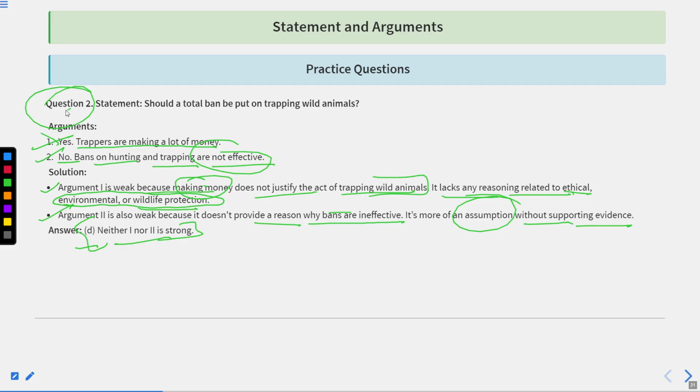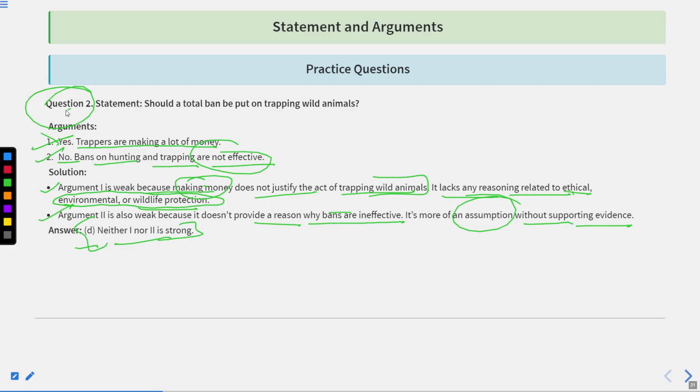So if we are going to stop trapping wild animals, then the trappers will obviously not be able to make money. But their work is also important. Just assume any wild animal comes into your city. Won't they be assisting you in getting this particular problem evicted? Yes.